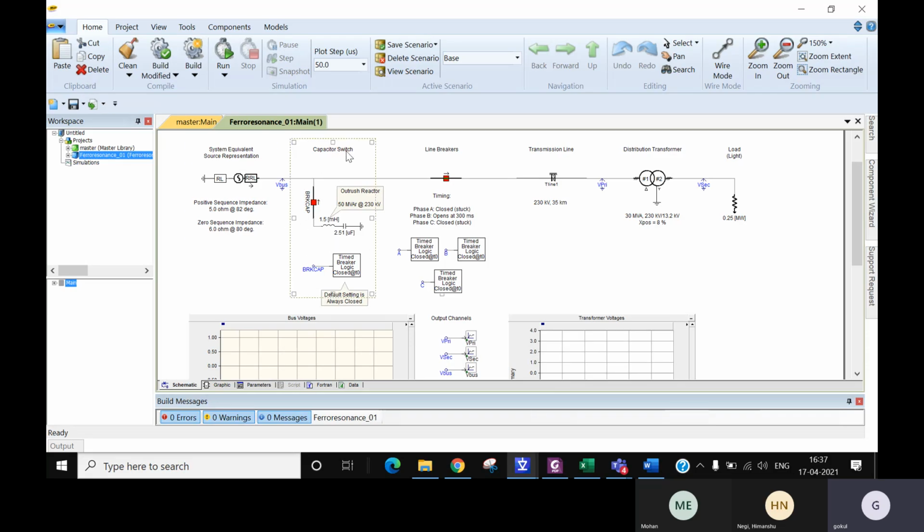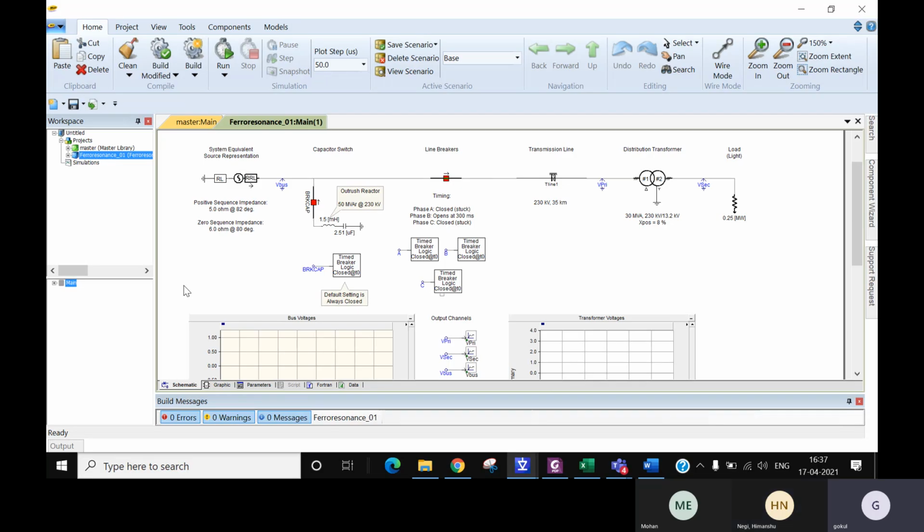So they are trying to show some worst case here. That's why they have used a capacitor, because ferroresonance mainly occurs from the interaction between a capacitor and a nonlinear inductance. So when I say network parameters, I'm mainly talking about the capacitor. The interaction between the capacitor and a nonlinear inductor, that is ferroresonance.